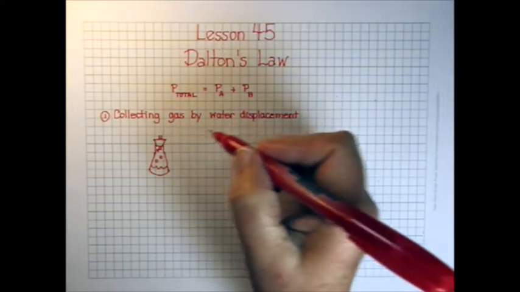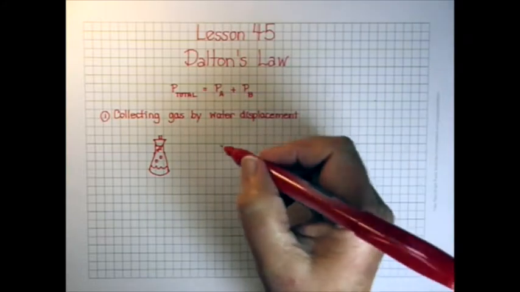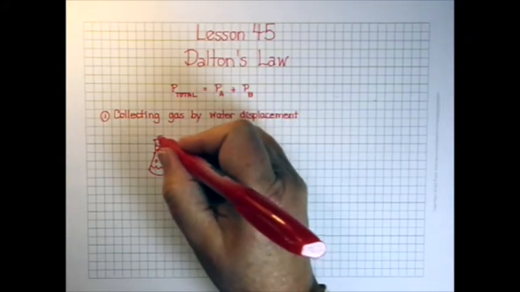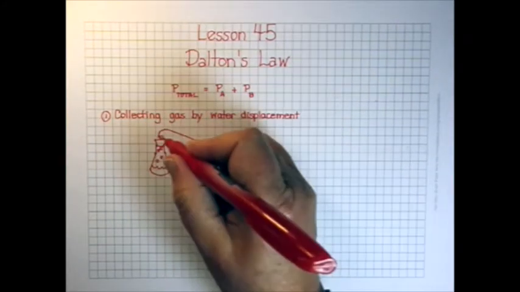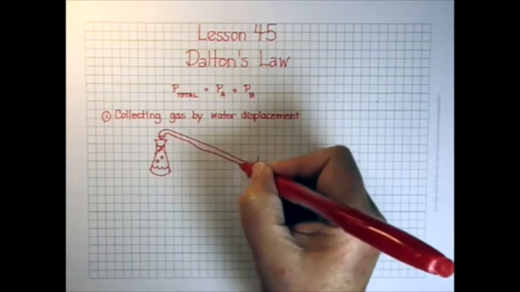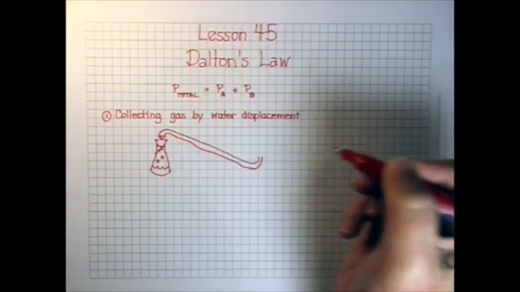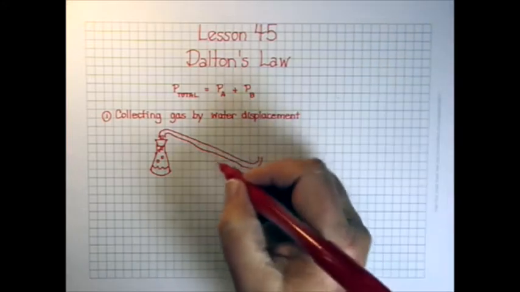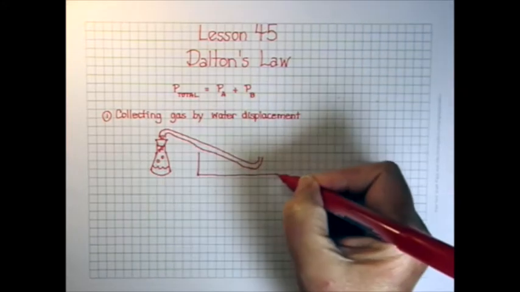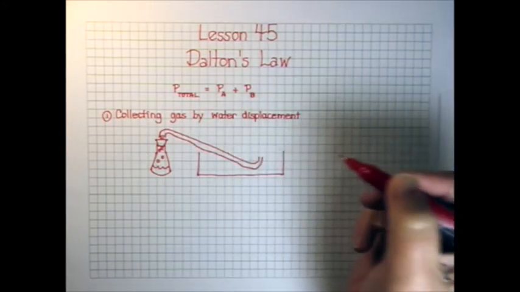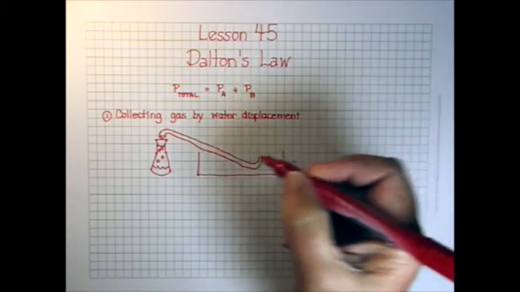Connected to that little short glass tube is a long rubber tube, which we're going to bring over here to the side like this. Now this is in a pneumatic trough, which is basically a box full of water.